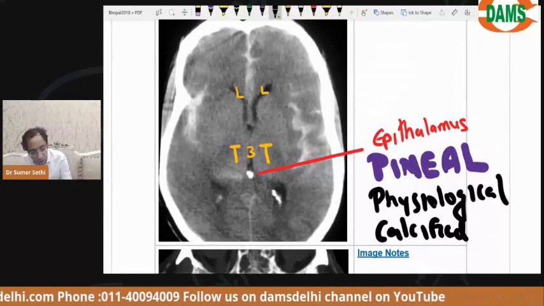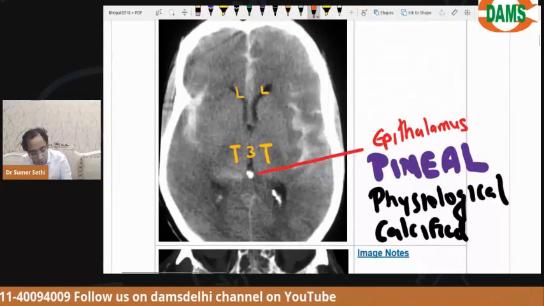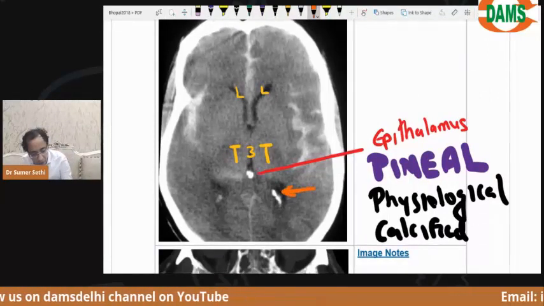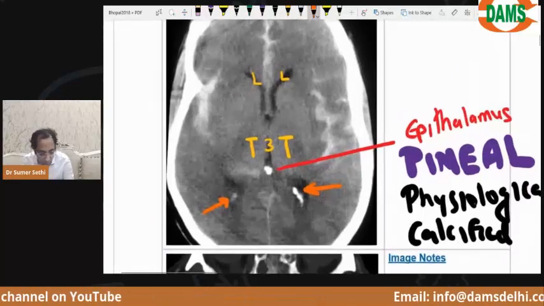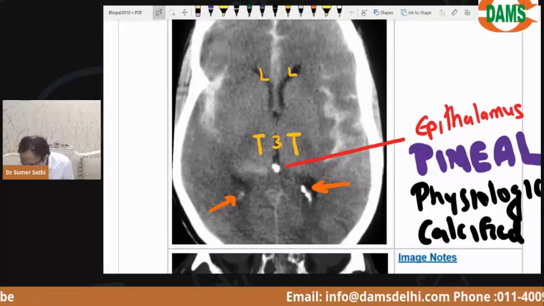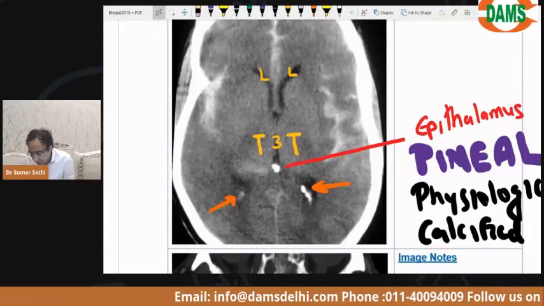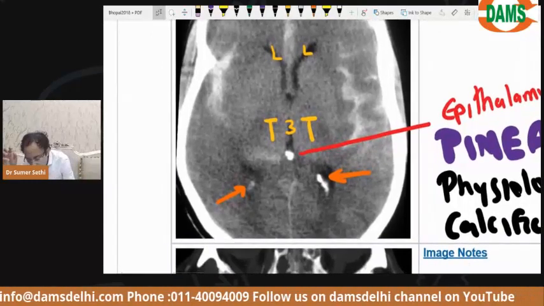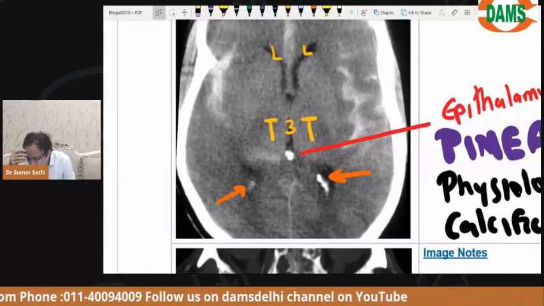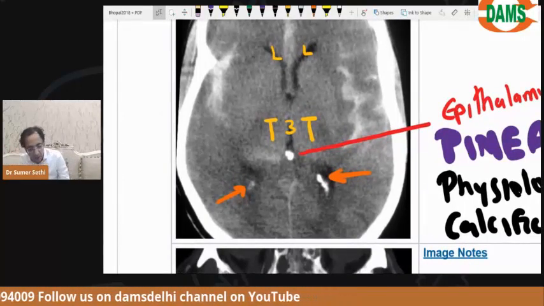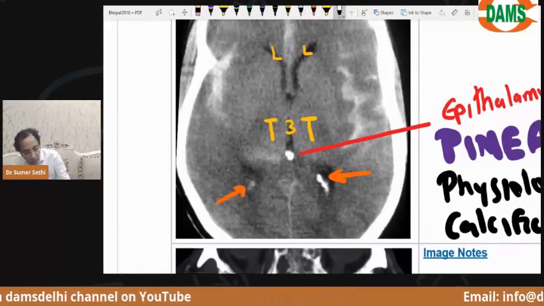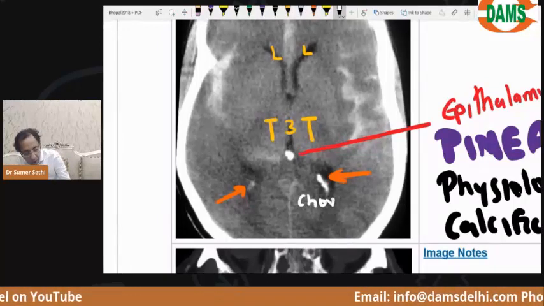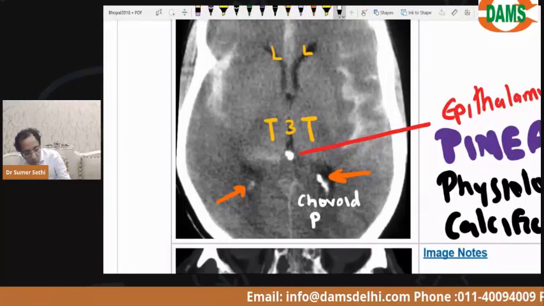Now let's see if you can answer. Do you think the disease is the structure that I am now marking? Can you see in the lateral ventricles there is some white area? What is that? That is nothing but physiological calcification in your choroid plexus.